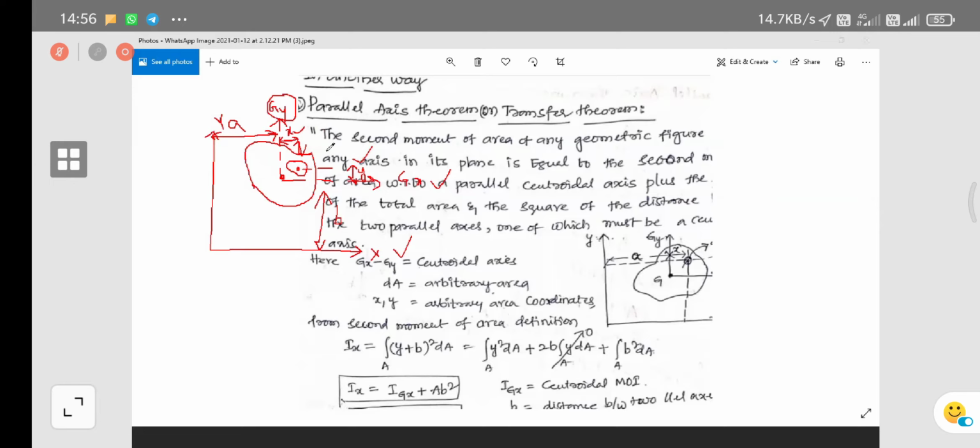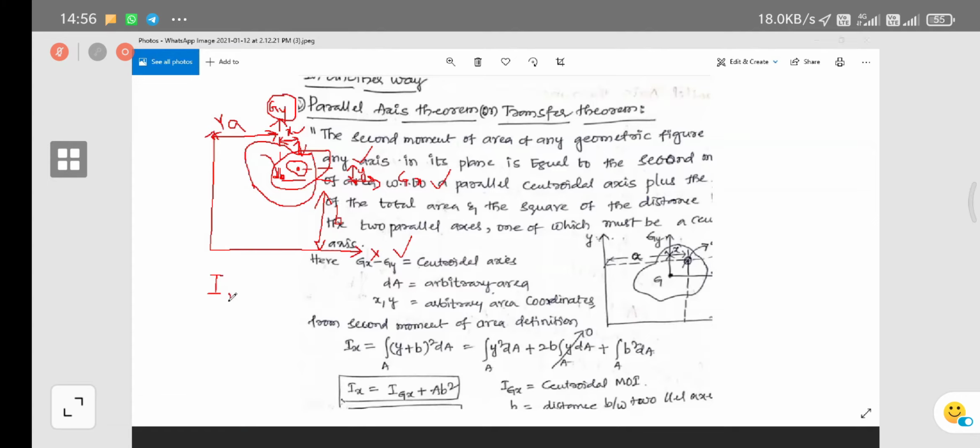First I am going to find this differential element's moment of inertia, and afterwards, if I integrate it, I will get the total moment of inertia for this lamina at its centroid.